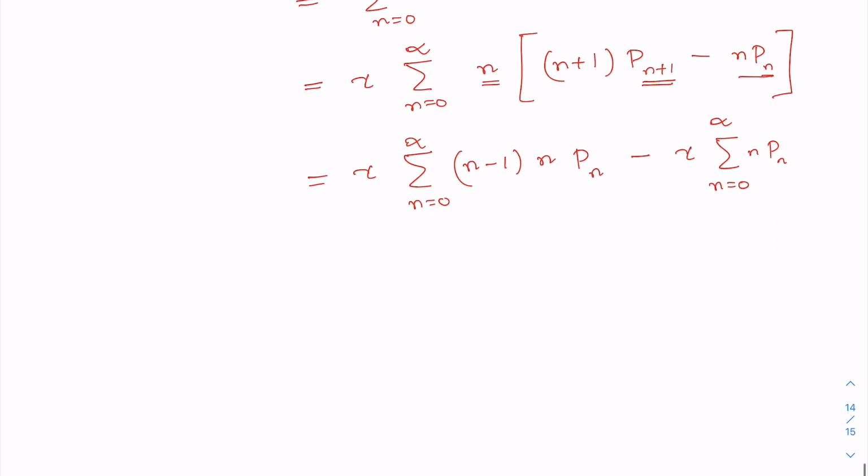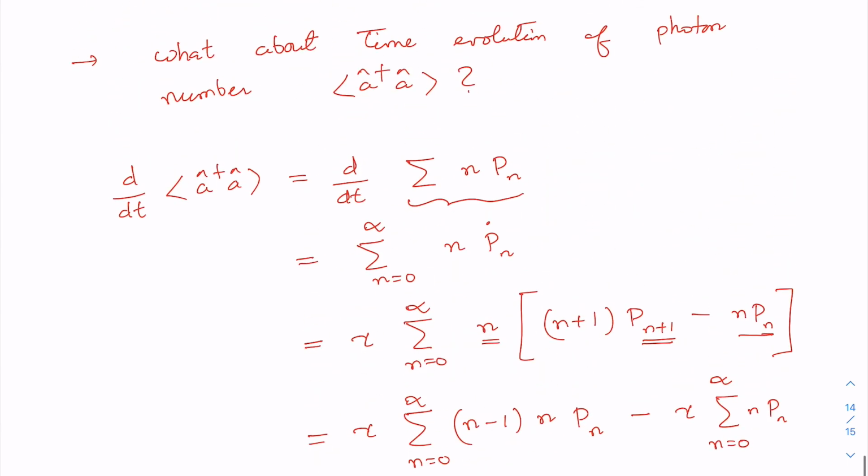I can very easily do that, and if I do the math, you can easily see that you are going to get minus gamma nPn. And we see that nPn is nothing but this particular term, the expectation value of a dagger a.